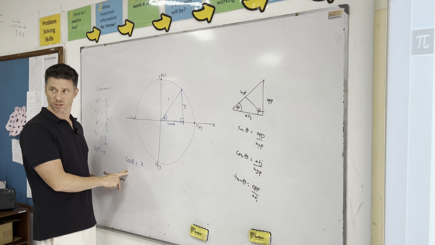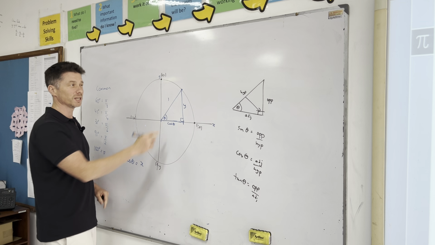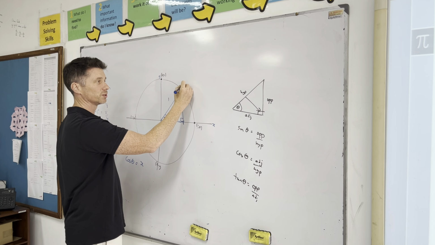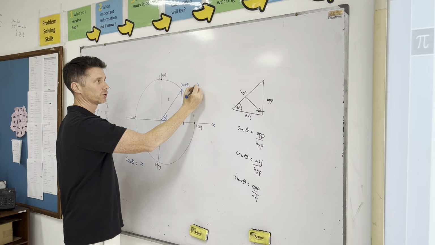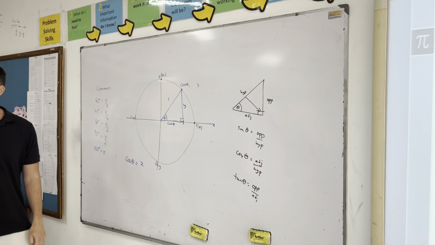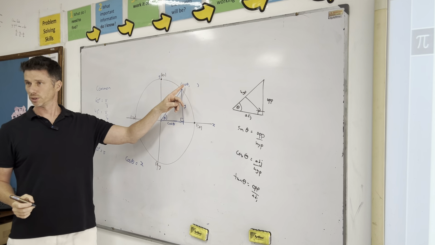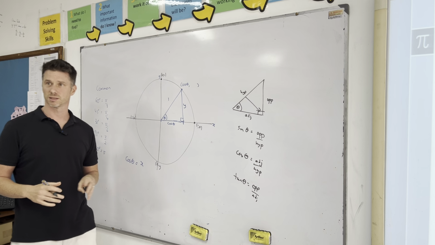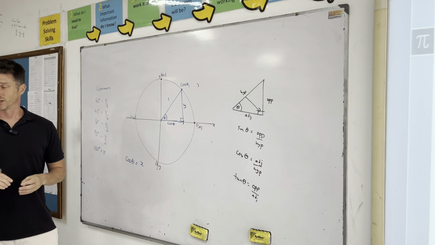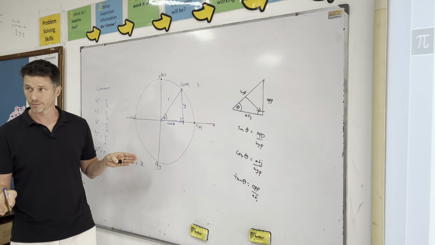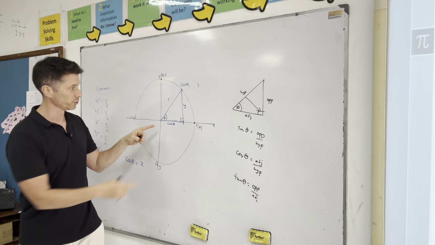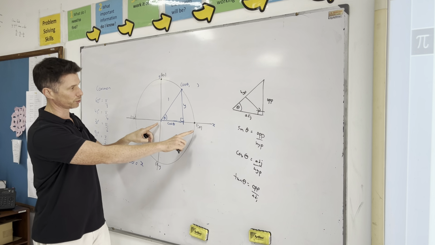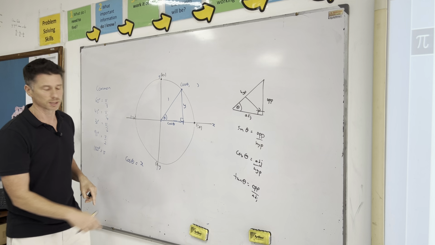Because x is cosine theta, we just did that, which means this coordinate up here also has x value cosine theta, because when we give a coordinate, you give the x value first. Whatever cosine of the angle is, it'll be a decimal between 0 and 1, and even on this circle you can see it's going to be between 0 and 1, because that's as far as 1 goes.